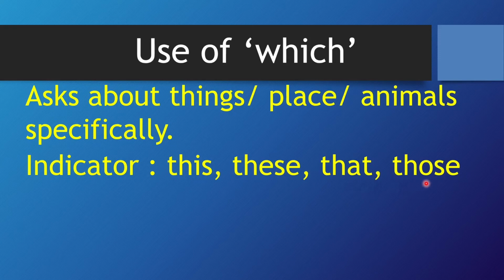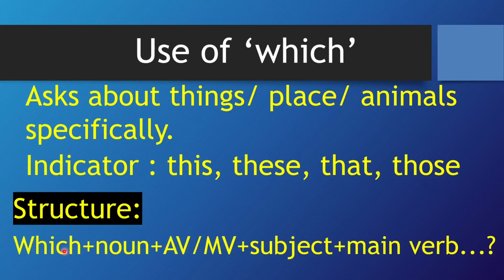There are lots of other sentences which do not start with these indicators or the words. But still, we have to make the question with which. Now let me show you the structure. At first, which will come, then noun, then auxiliary verb or modal verb, then subject will come, then main verb and other part of the sentence, and at last there will be question mark.